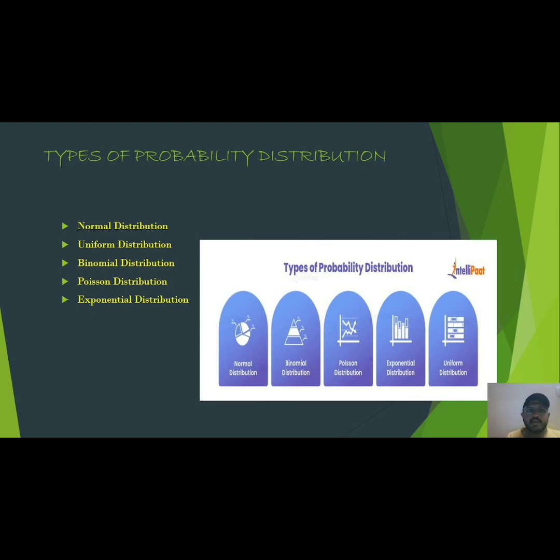Types of probability distribution: normal distribution, uniform distribution, binomial distribution, Poisson distribution, and exponential distribution.